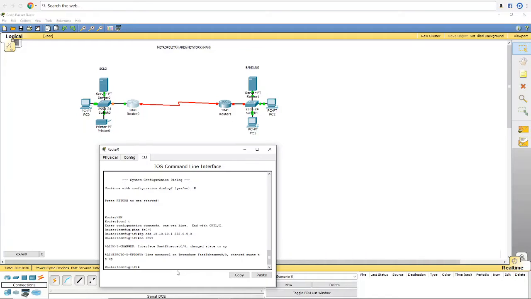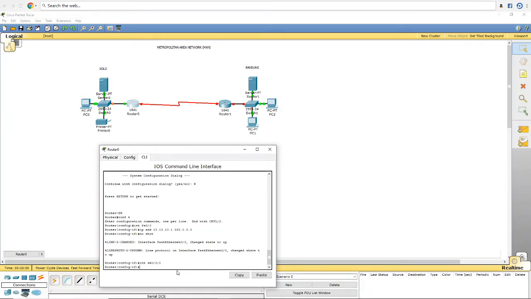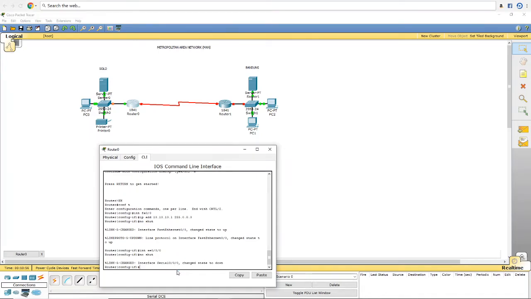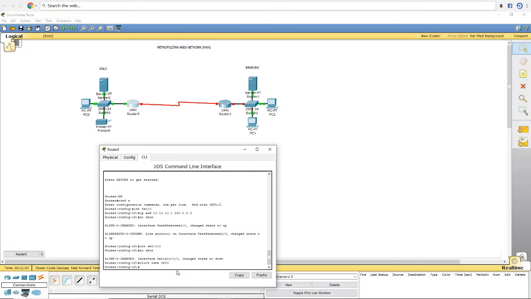The second step is configuring the serial of the router by typing the command interface serial 0/0/0. No shut, and then clock rate because we are using a DCE serial cable. And then IP address.